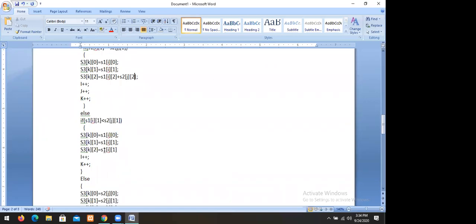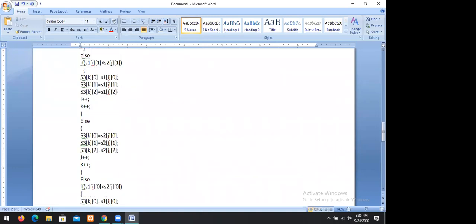When columns are not equal, move the smallest column number to the result. If the S1 column number is less than the S2 column number, then move the S1 values to the result. Else, the rows are equal but the S2 column is smaller, so move the S2 column values to the result.